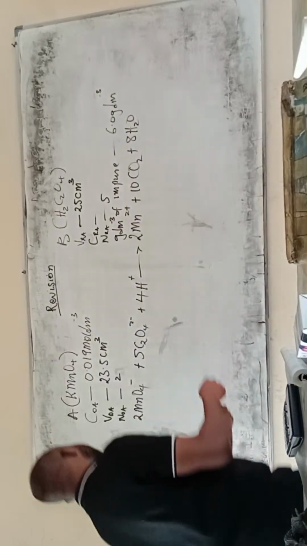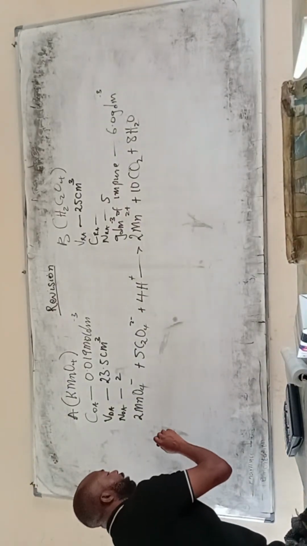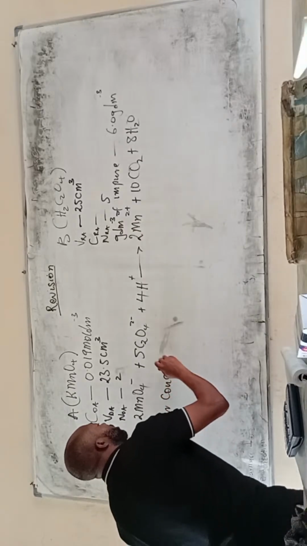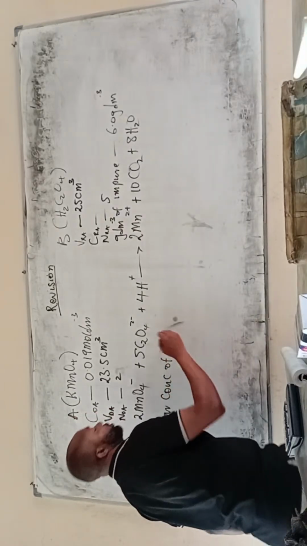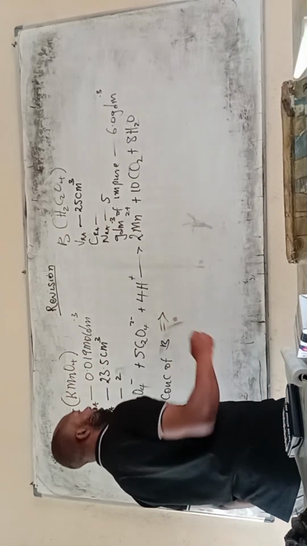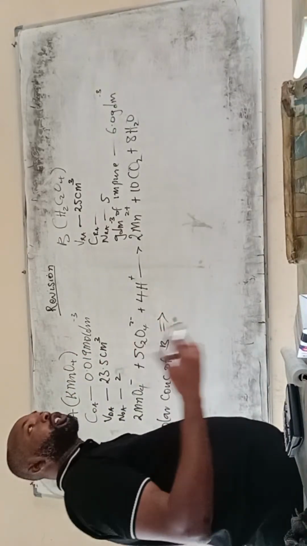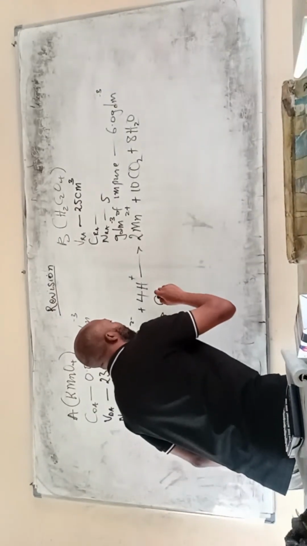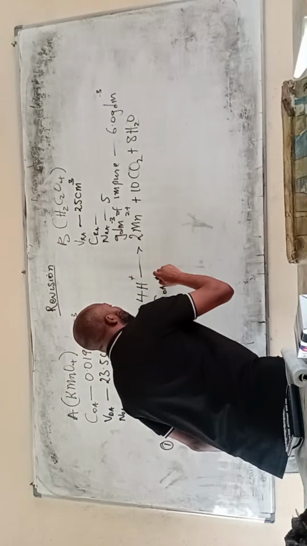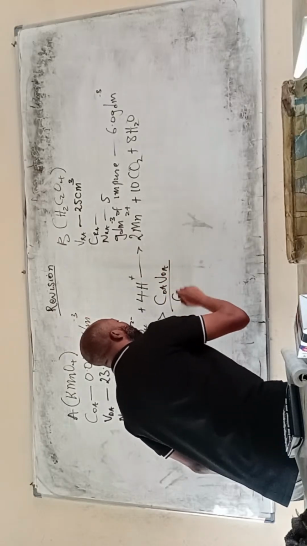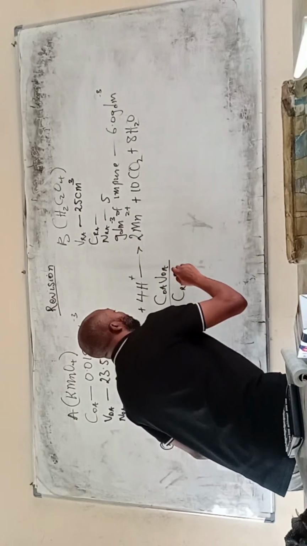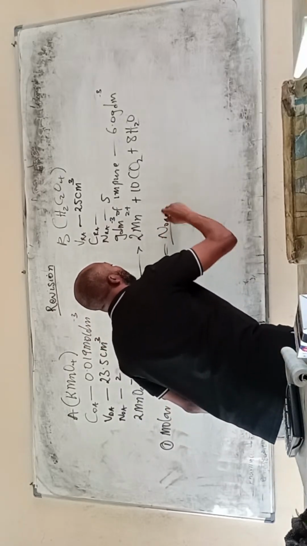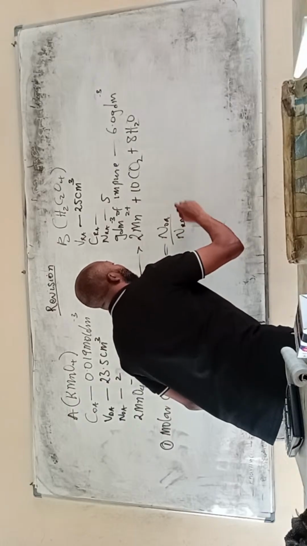First thing first, calculate the molar concentration of B. We can do that easily, remembering this is redox. We are going to use the formula: concentration of oxidizing agent times volume of oxidizing agent over concentration of reducing agent times volume of reducing agent is equal to number of moles of oxidizing agent over number of moles of reducing agent.